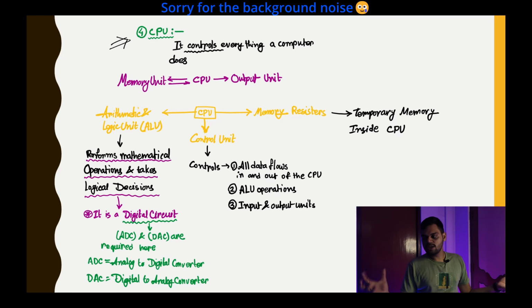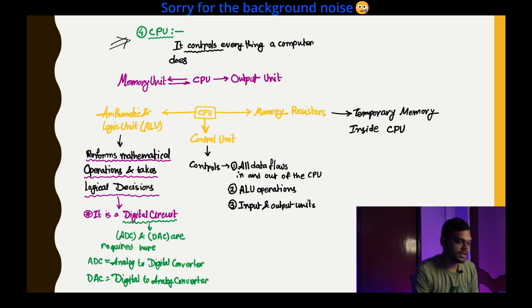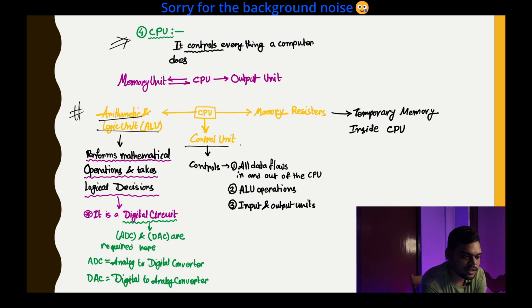So the CPU has the connection to all of these: the input unit, memory unit, and also the output unit. CPU has access to all of these three major parts. Now there are three parts in the CPU: one is the ALU, arithmetic and logic unit, another is the control unit, and another is memory registers.